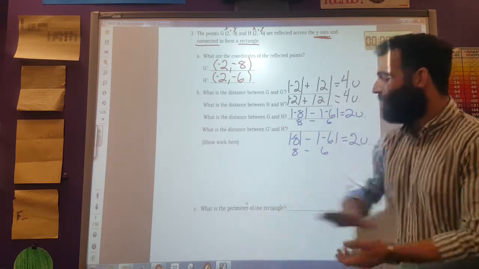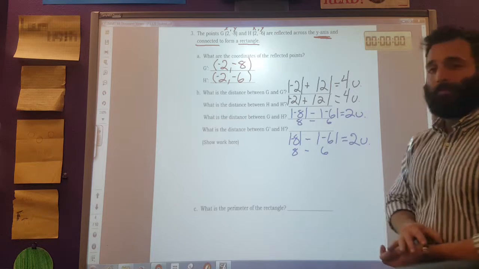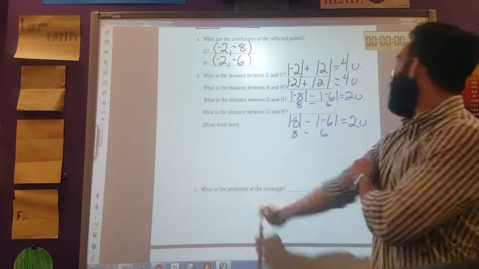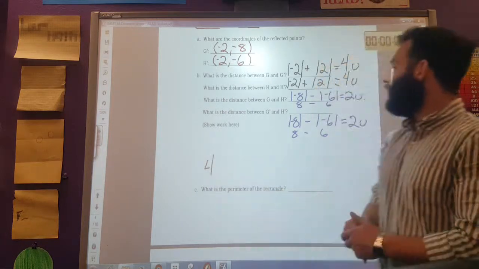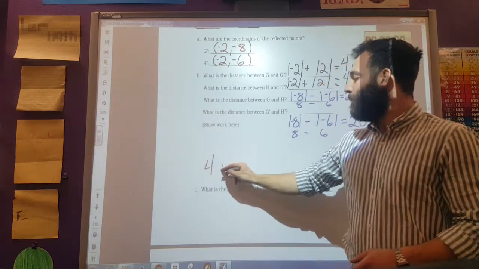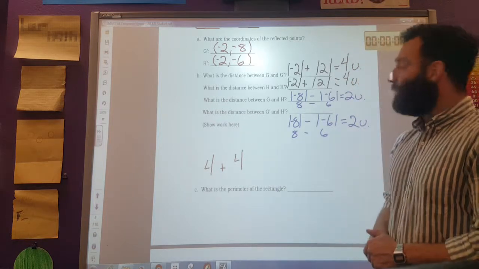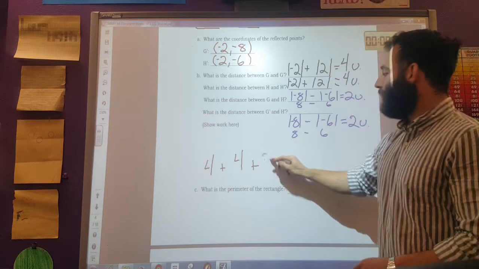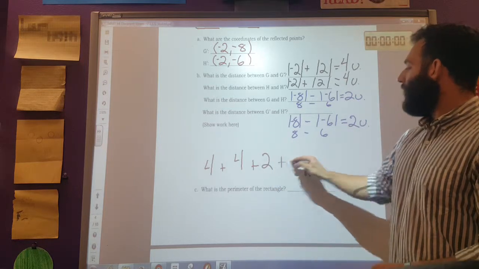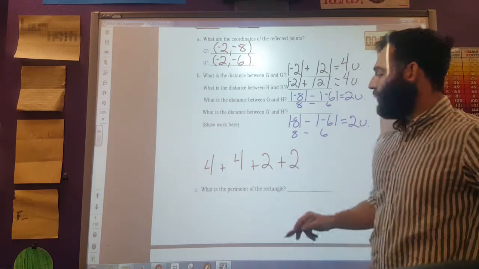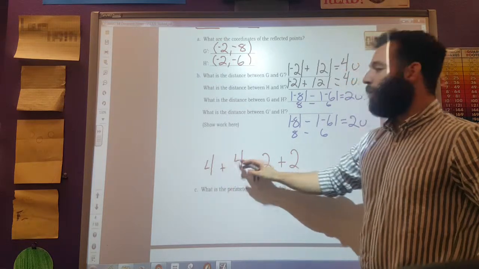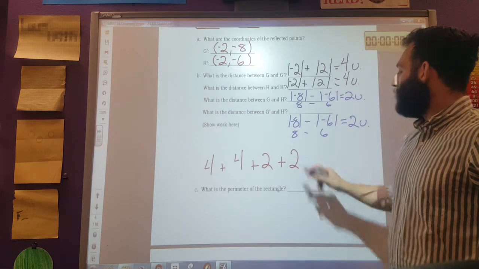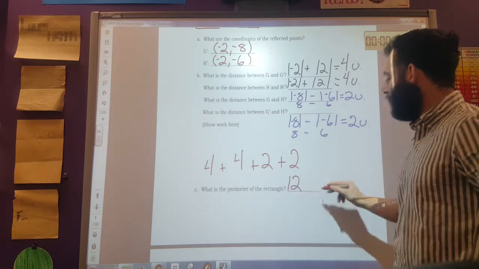So I should be able to find the perimeter of my rectangle. And I can do that by adding up my lengths. I have 4 plus 4 plus 2 plus 2. 4 plus 4 is 8, plus 2 is 10, plus 2 is 12.